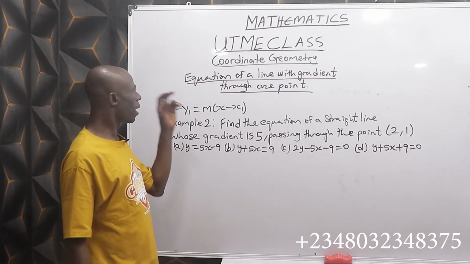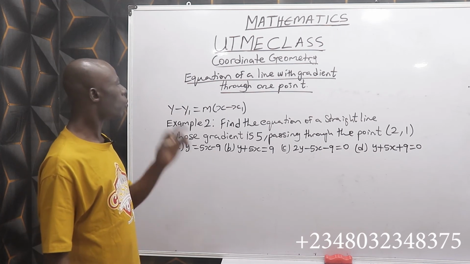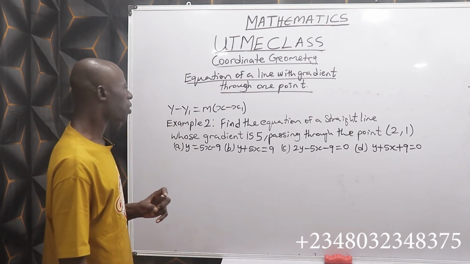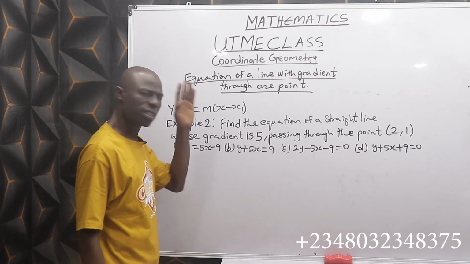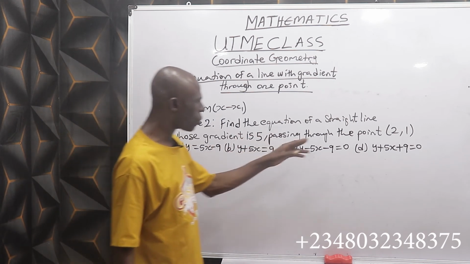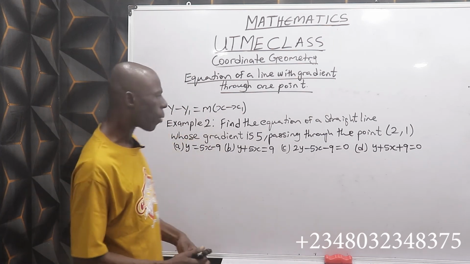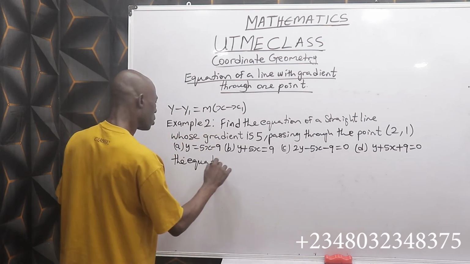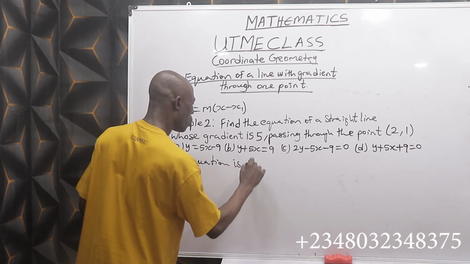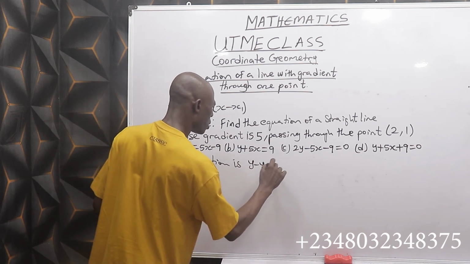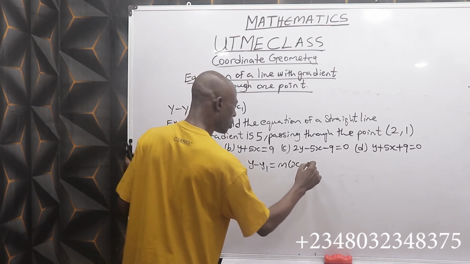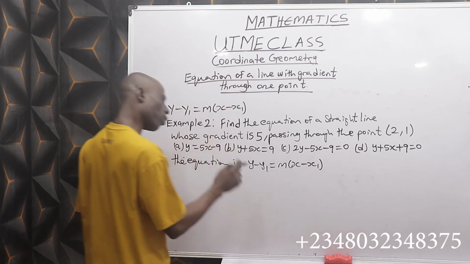Example 2, under equation of a line with gradients through 1 point. Find the equation of a straight line whose gradient is 5, passing through the point 2, 1. The equation is y minus y1 equals m into x minus x1. Don't forget this formula.